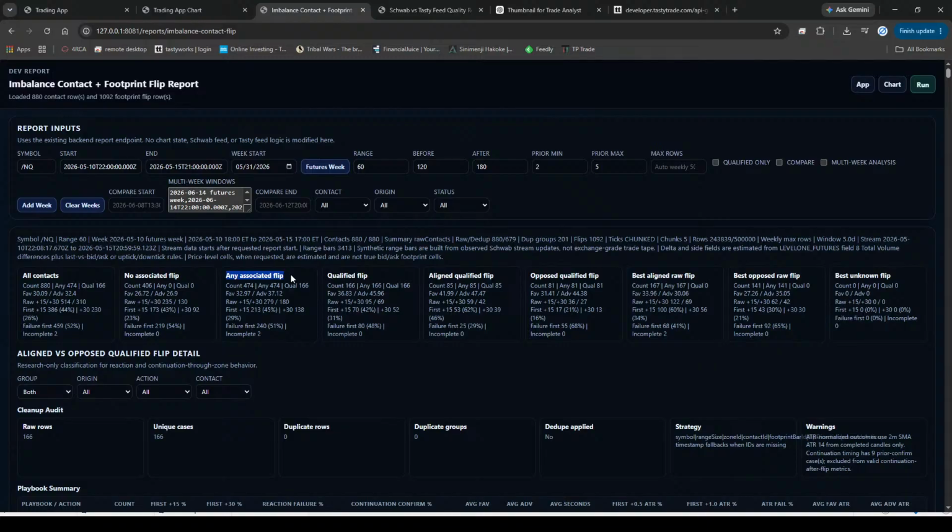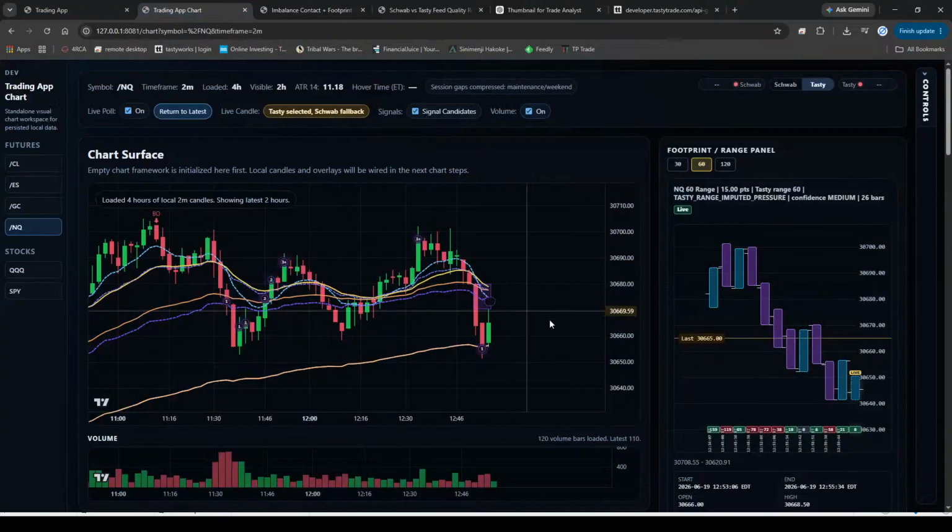So price went up, and that's why you have the green candle, but you had more sellers than buyers, and so that's what the red delta is. And so when you have a difference between candle direction and your net buyers and sellers, when they don't agree, that's usually a flip.